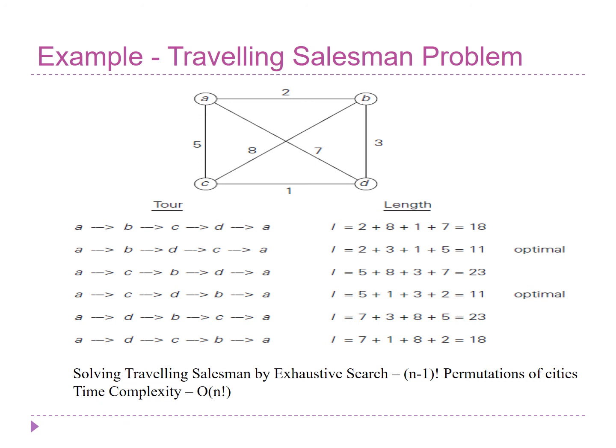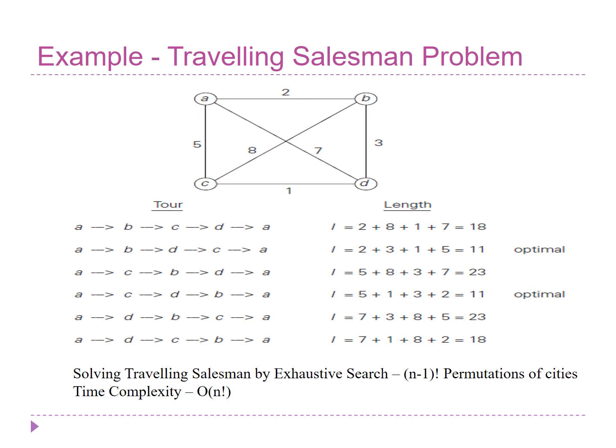The optimal length is obtained for 2 tours. The first tour starts at A, proceeds to B, then to D, then to C and back to A. And the second tour starts at A, proceeds to C, then to D, then to B and back to A. Solving the traveling salesman problem by the exhaustive search approach requires n-1 permutations of cities.